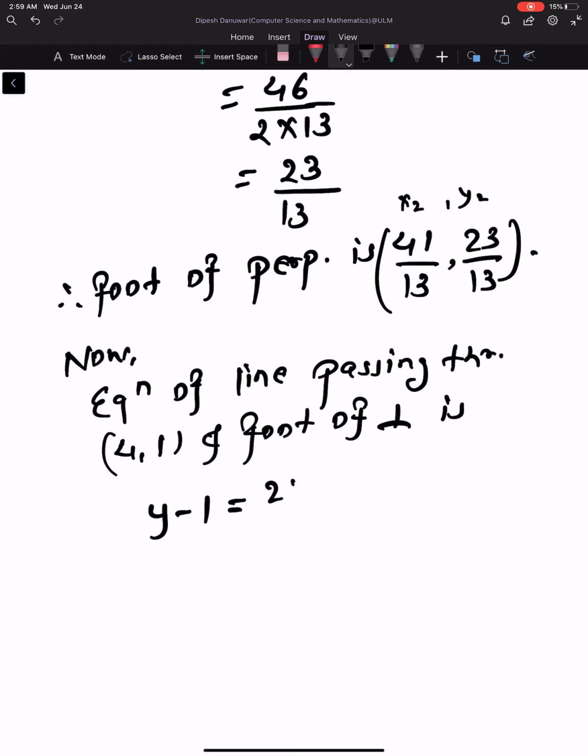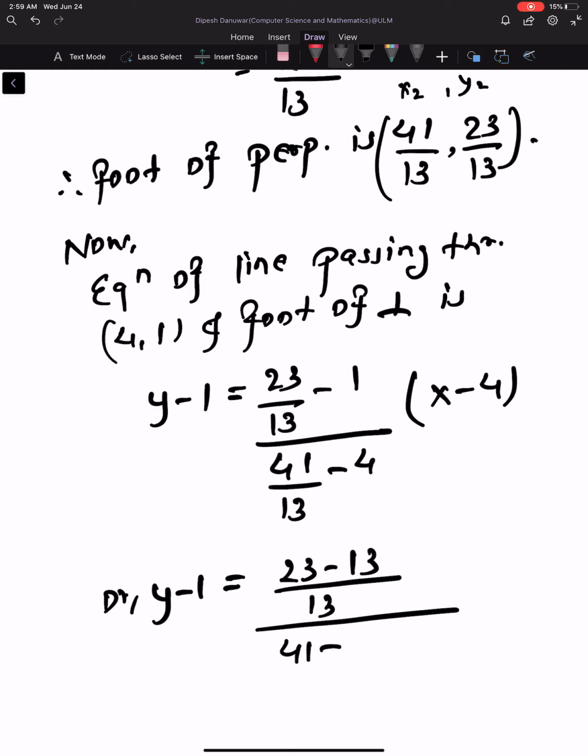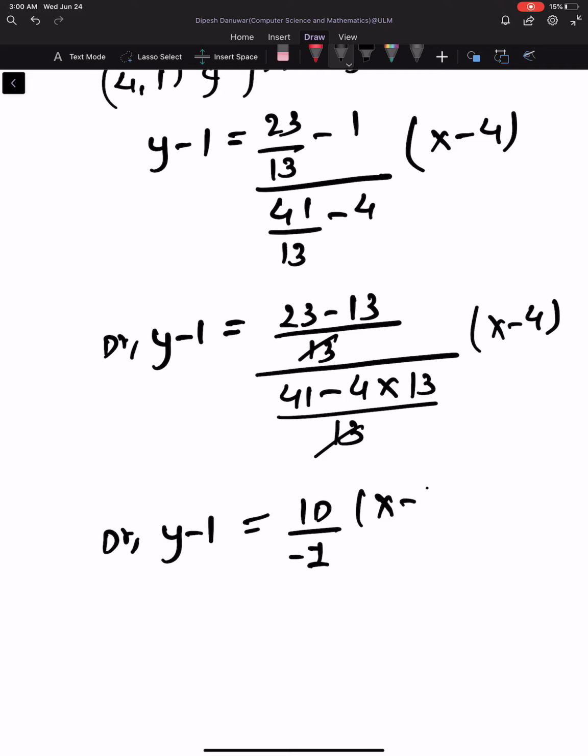So y minus 1 is equal to (23 by 13 minus 1) divided by (41 by 13 minus 4) times (x minus 4). So that will be y minus 1 is equal to (23 minus 13) by (41 minus 4 times 13), and that will be times (x minus 4), right? The 13 cancels out. 23 minus 13 is 10.